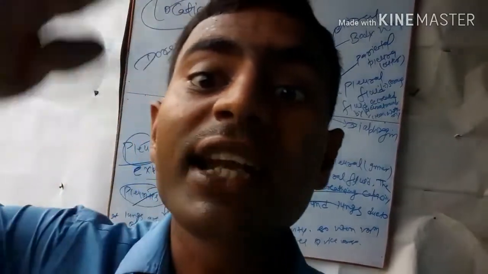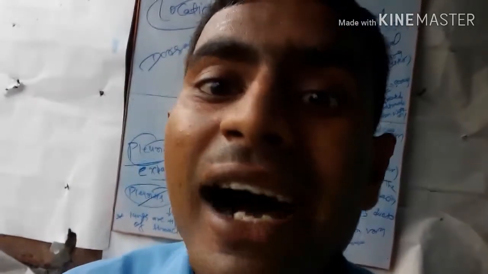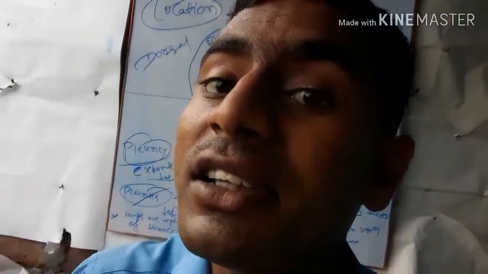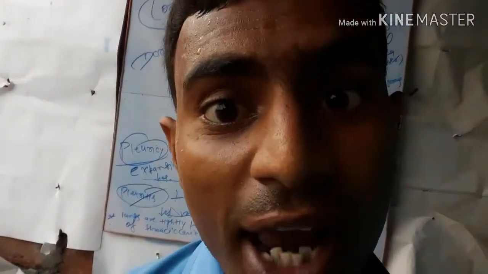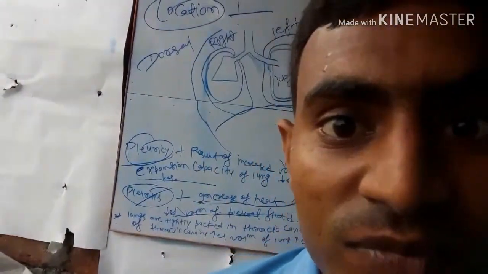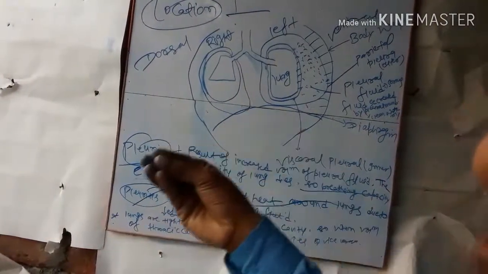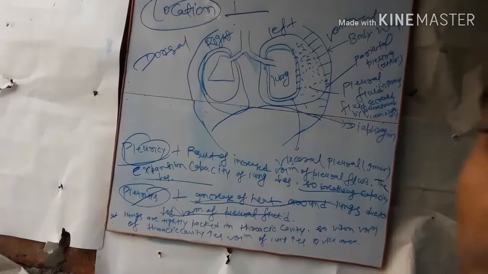This means the inner side pressure is greater than the atmospheric air pressure, then exhalation will happen. How will inhalation happen and how will exhalation happen? You know it well now.